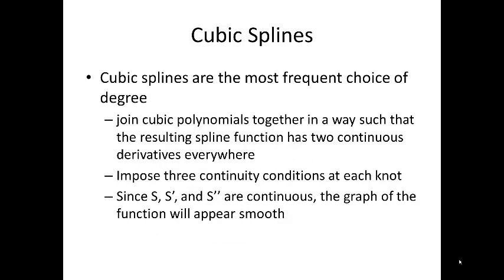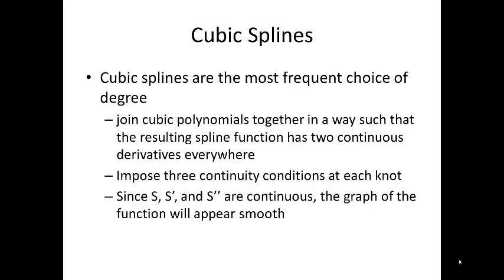Cubic splines are the most frequent choice of degree for spline functions. Degrees 1 and 2 we've already seen. Cubic splines are the most frequent, and we don't actually need to go higher order. Basically, we can join cubic polynomials together in such a way that the resulting spline function has two continuous derivatives everywhere. And then we can impose three continuity conditions at each knot.